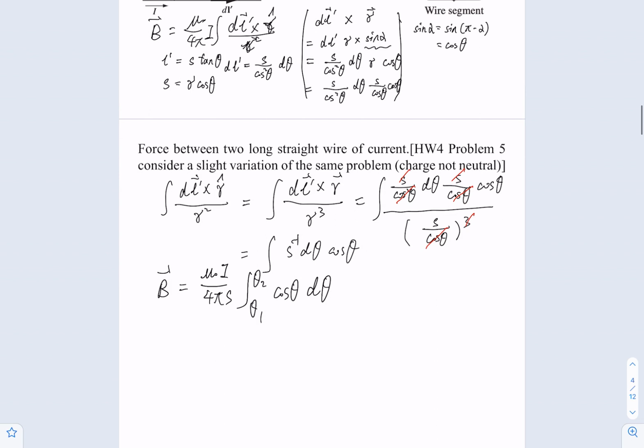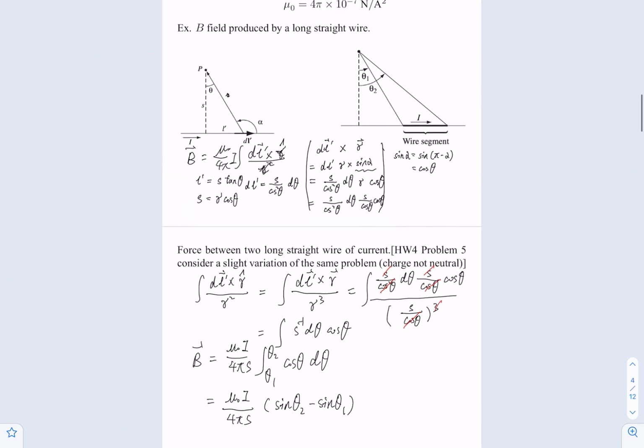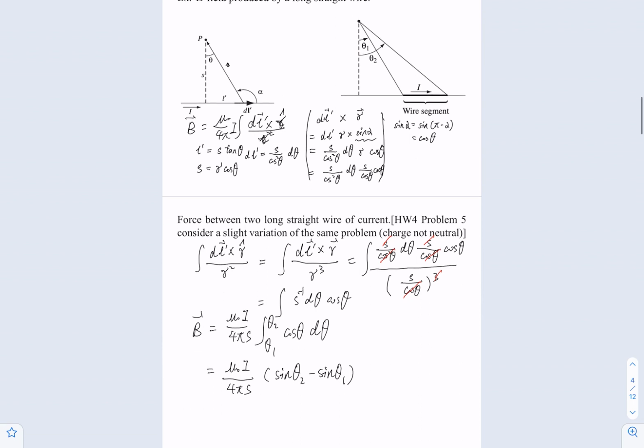This integral can be evaluated like this, and in the limit of an infinite line wire, theta 1 and theta 2 go from pi over 2 to minus pi over 2.